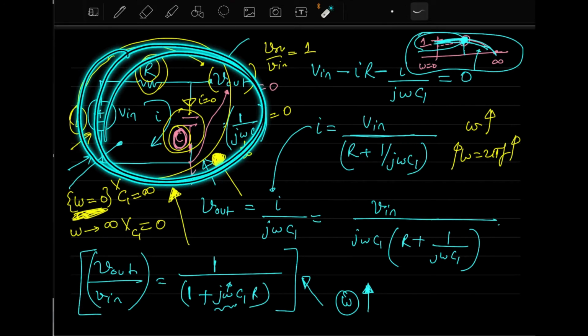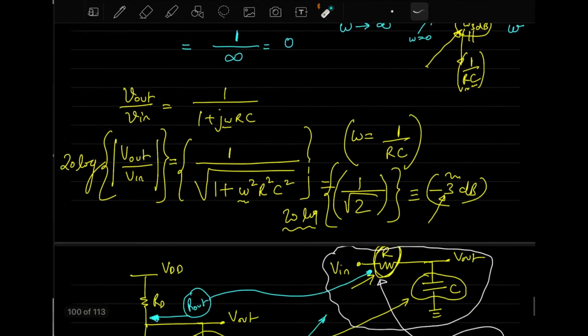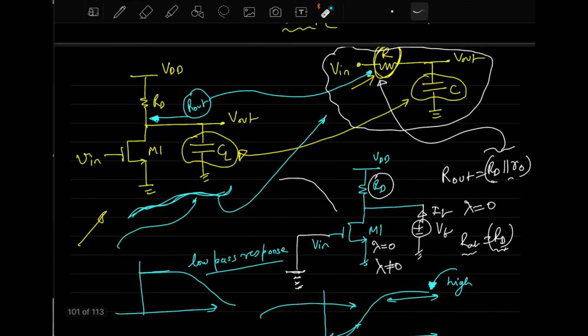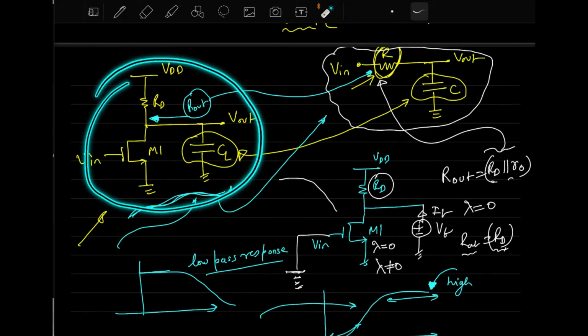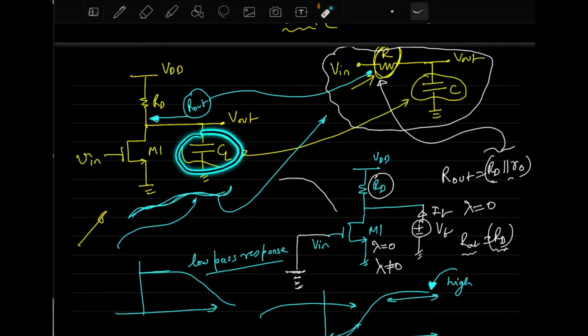The practical thing that you can see is this type of architecture. This CL is basically internal to this MOSFET M1. We will see how this CL is internal to this MOSFET M1.